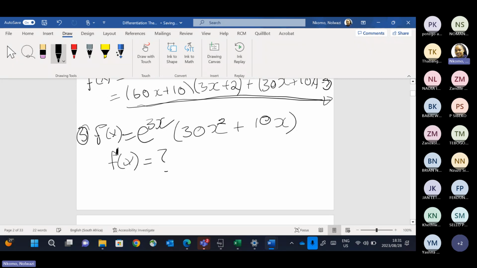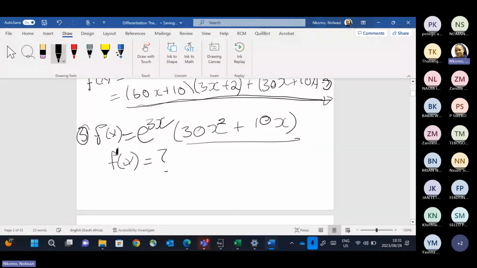We are given f at x as a product of 2 functions, which is e to the power 3x times 30x squared plus 10x. And we are asked to find f prime at x.